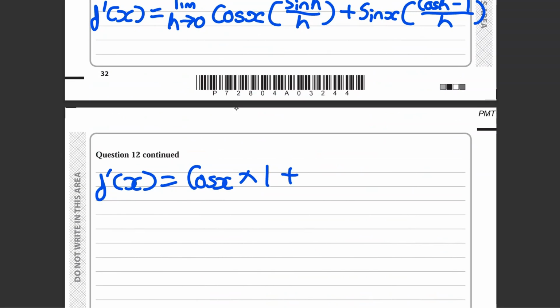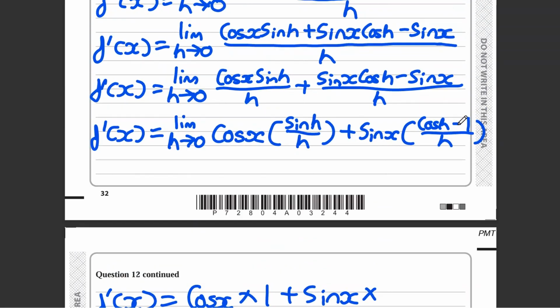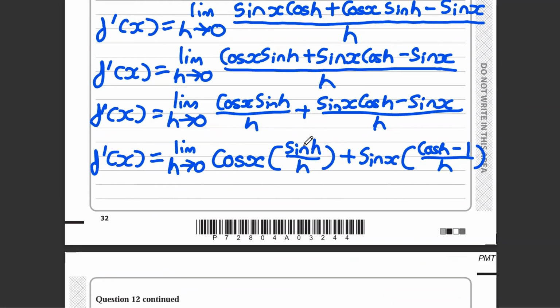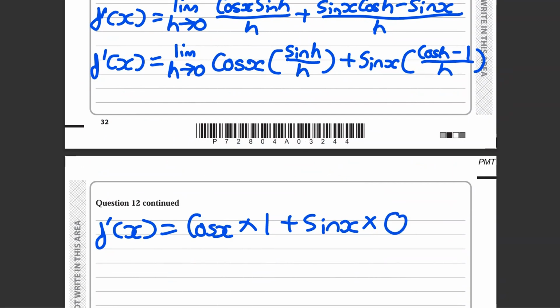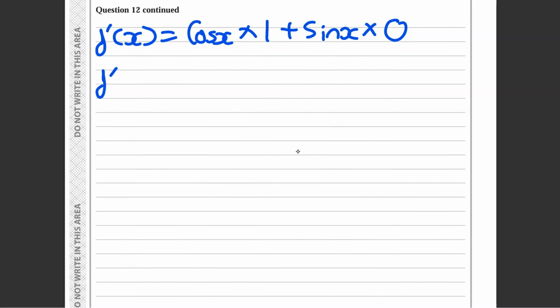We can sub this out, plus sin x multiplied by, in this cos h minus 1 over h, we can write this as 0. Therefore f dash of x is equal to cos x times 1, which is just cos x, and then sin x times 0 will just cancel out, so we're just left with cos x. Therefore f dash of x is equal to cos x.